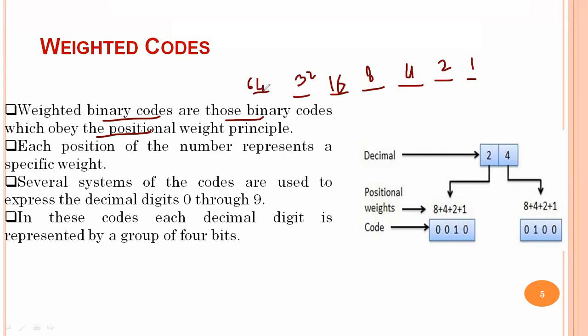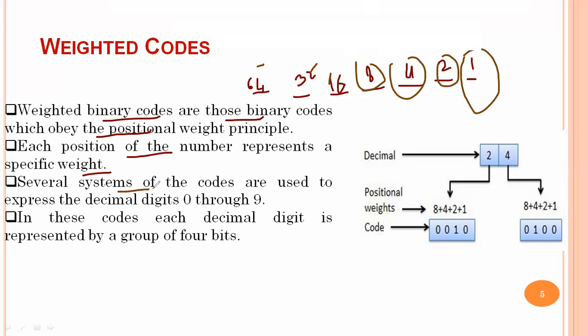From that particular position, we will see how the data will be converted to binary form. Each position of the number represents a specific weight. Whenever we talk about a specific position, it will represent 1, then 2, then 4, then 8, 16, 32, and 64, and so on.